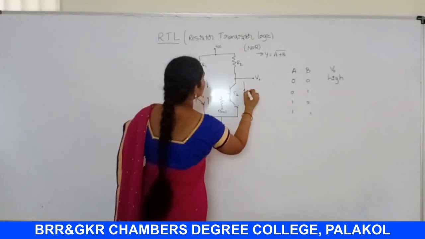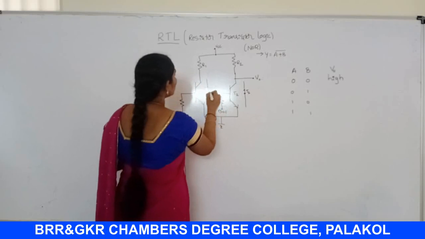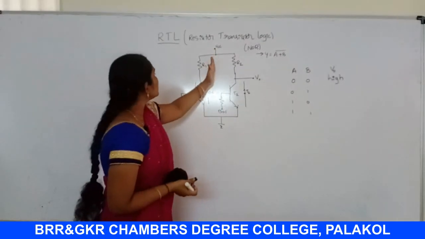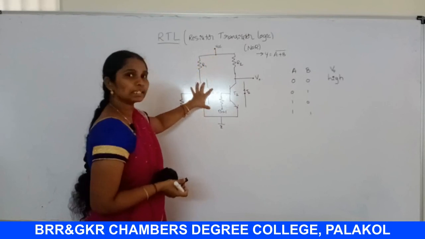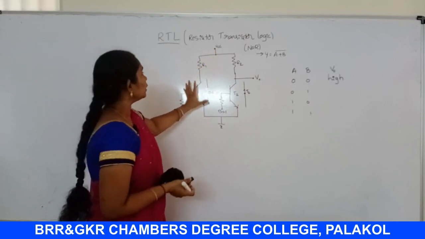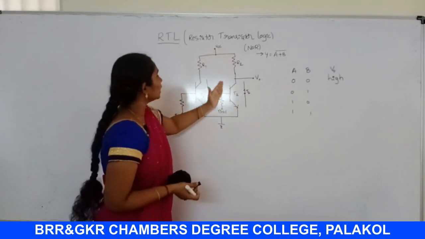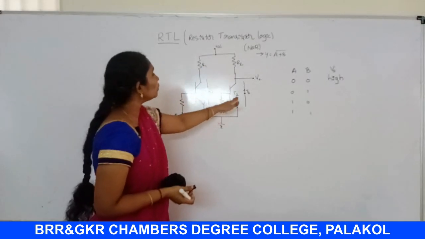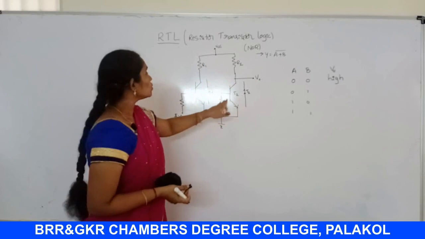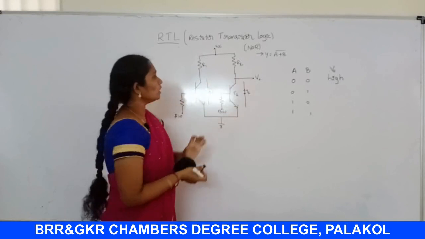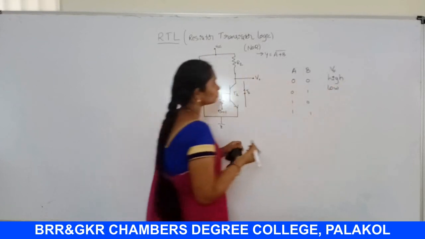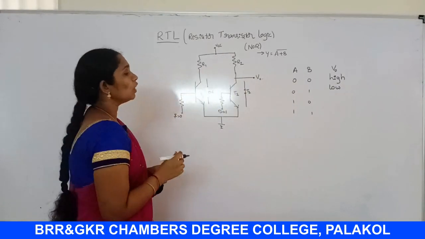So the VCC can't flow through transistor T1. Therefore the VCC voltage flows to ground through transistor T2. So the output voltage is low.